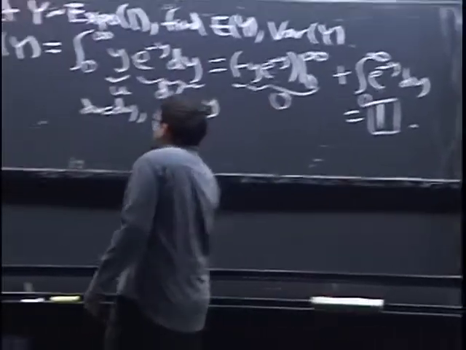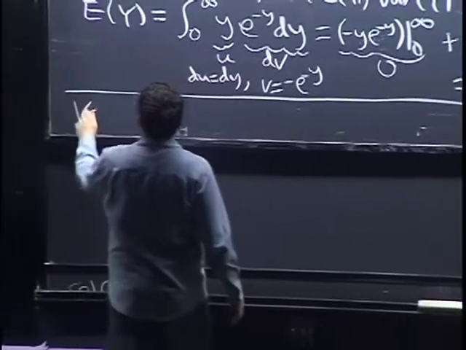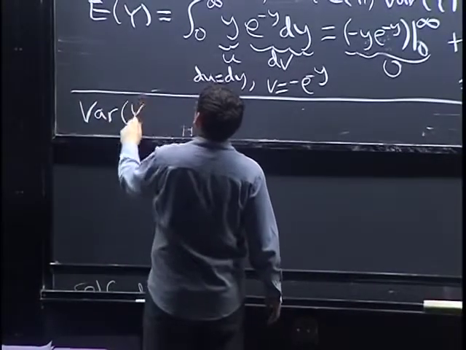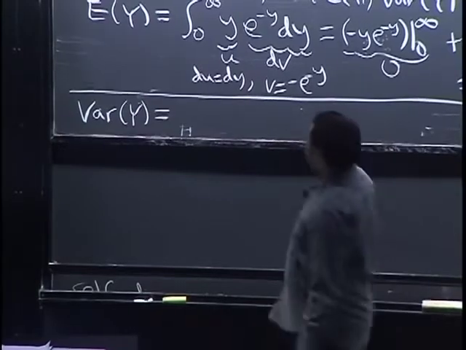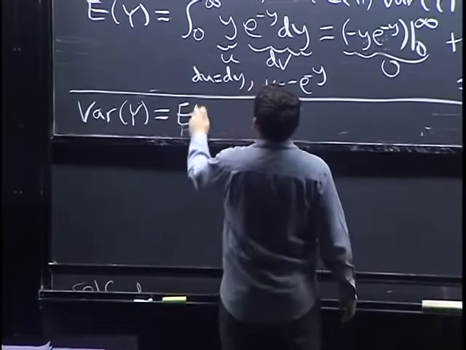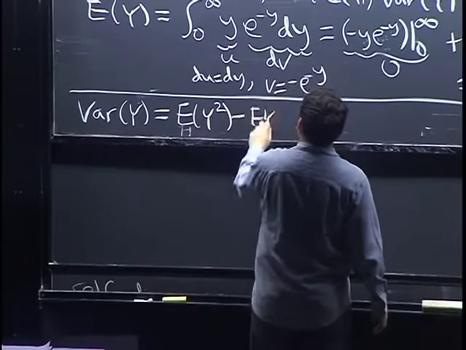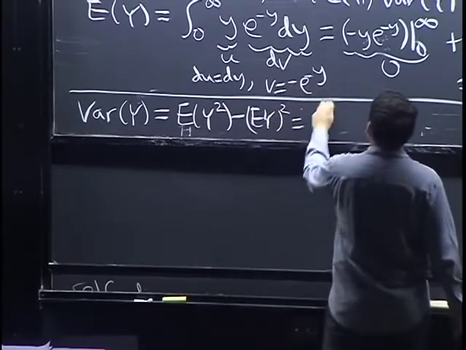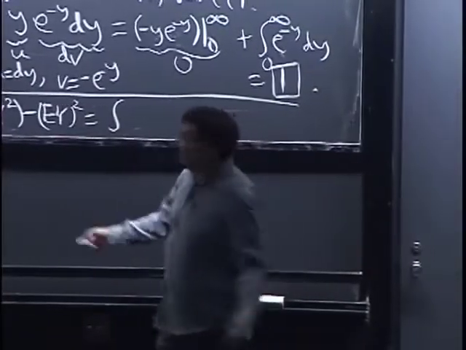Now, for the variance, we can just do E of Y squared minus E of Y, quantity squared, the other way, as usual. So here's just LOTUS, E of Y squared.